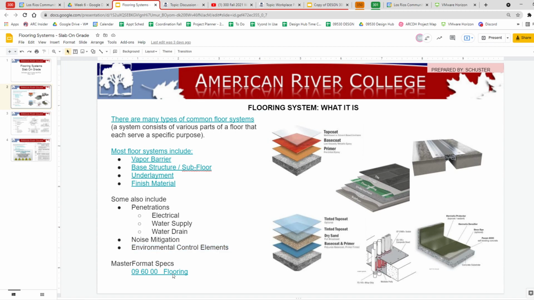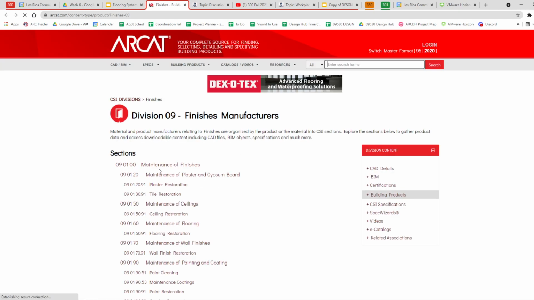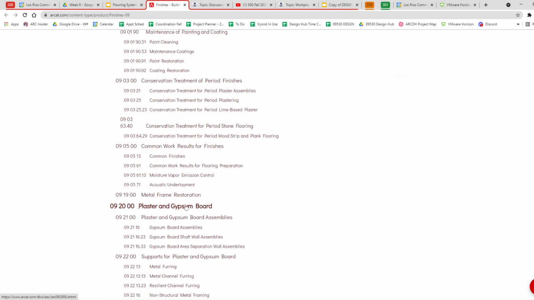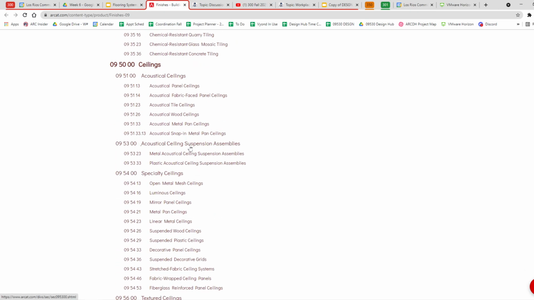And then there's a whole area in the MasterFormat specs about flooring. I want to show you, the MasterFormat specs for flooring is under finishes, Division 09, finishes. And you'll see there's plaster and gypsum board and tiling and ceiling.